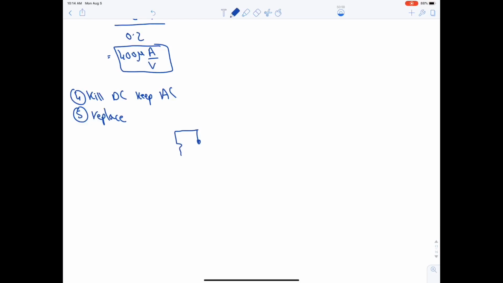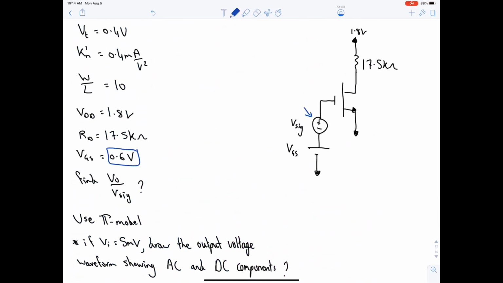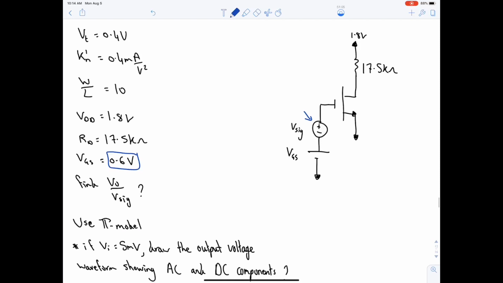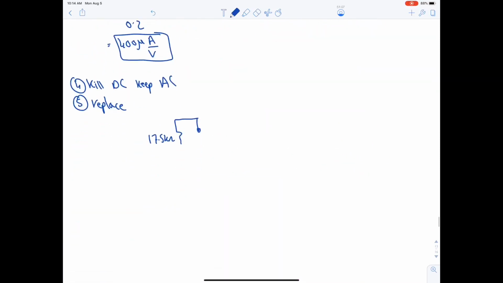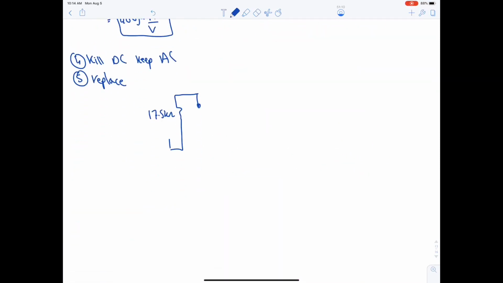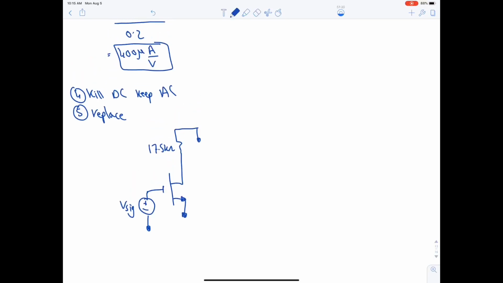We have a resistance 17.5 kilo ohm, and then only the AC source. Basic, yes, and here it's also grounded. Let's now draw the pi model.